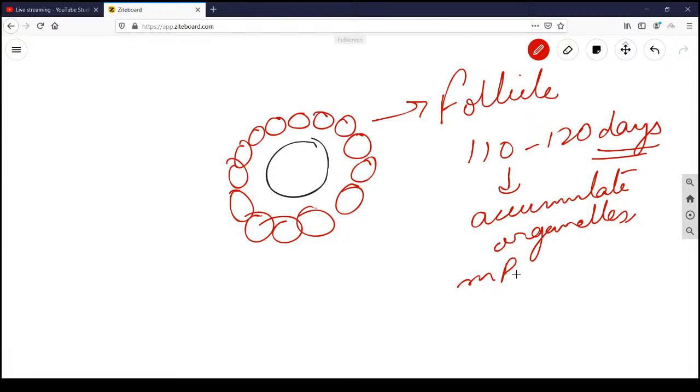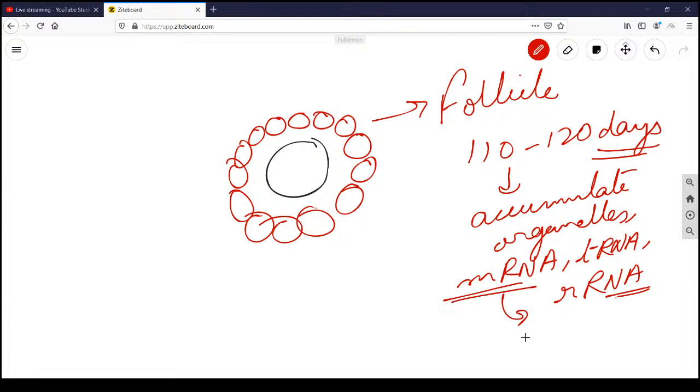If you don't have a lot of rRNA, where will the mRNA go and bind? If you don't have a lot of mRNA, from where will the protein be synthesized? If you don't have tRNA, who will be charged? The tRNAs will be charged with the amino acid.